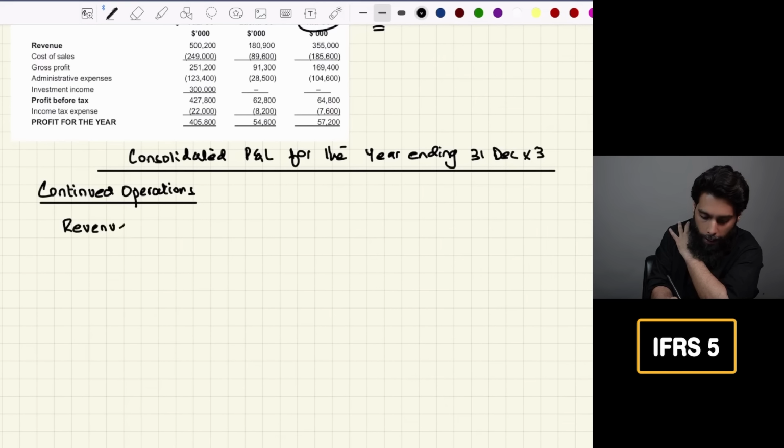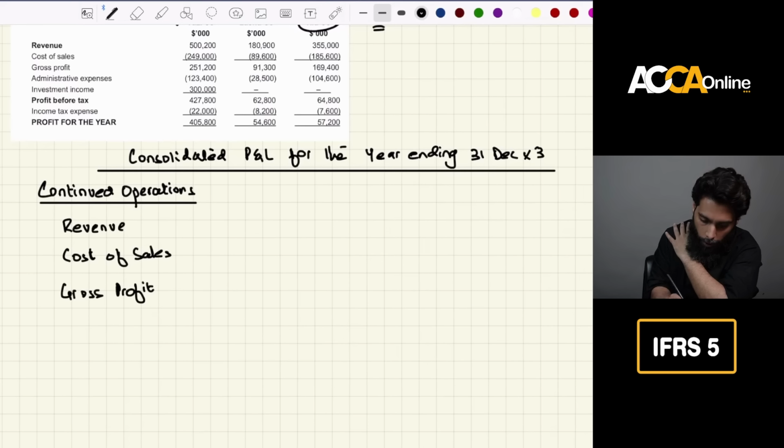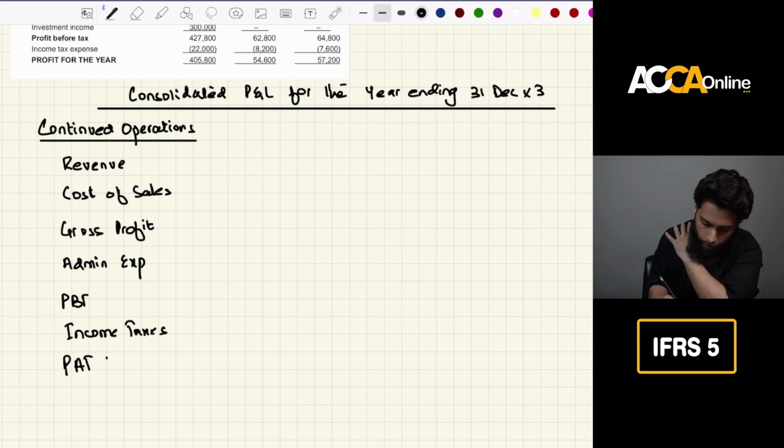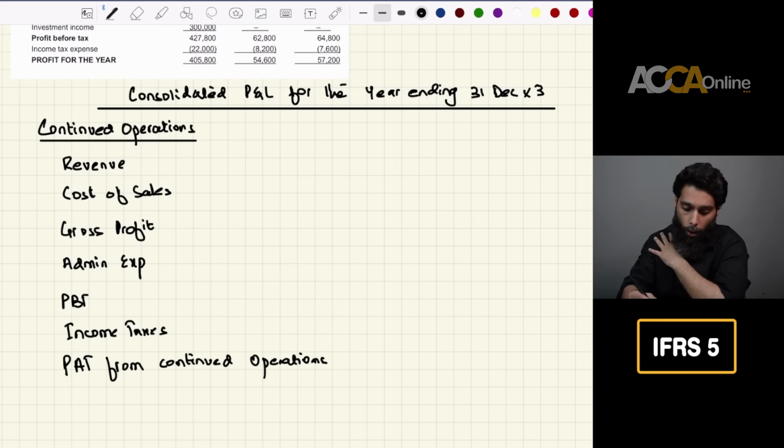You simply consolidate as if you own everything: revenue, cost of sales, gross profit, admin expenses, then PBT, income taxes, and then PAT from continued operations.